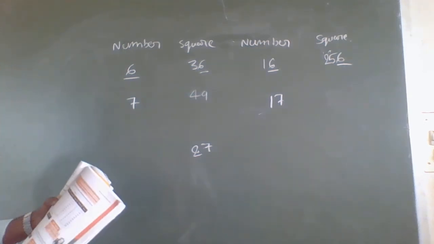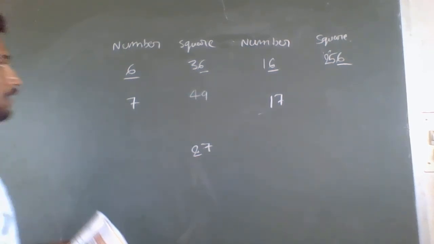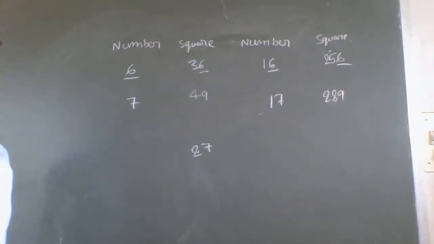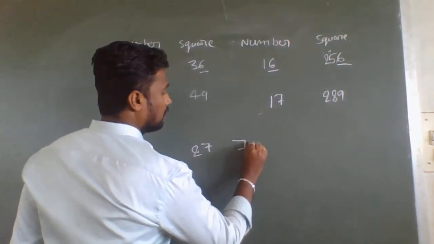Next, 17 means what you have given? 289. And when you multiply 27 two times, or 27 square, you will get 729.